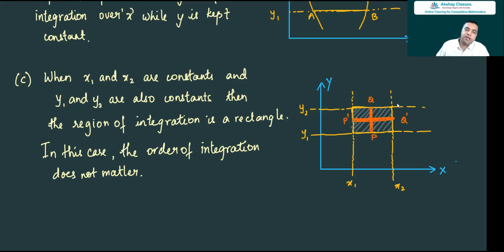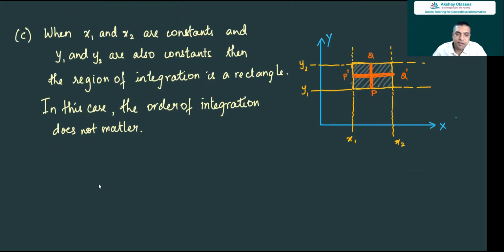So any way you can integrate. So this will be integral x1 to x2, y1 to y2, f of x comma y dy dx.